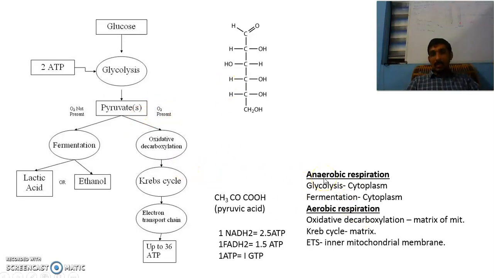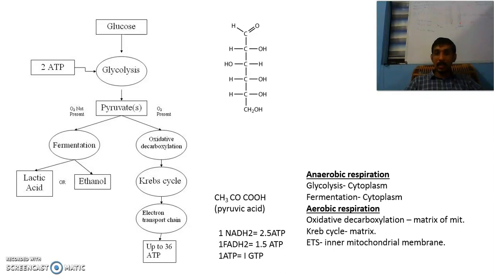The process of converting pyruvic acid in the mitochondrial matrix into acetyl coenzyme A is known as oxidative decarboxylation, because during that process, carbon dioxide is released and one oxidation occurs, that is NAD plus 2H plus 2 electrons gives rise to NADH2. That is why it is called oxidative decarboxylation.